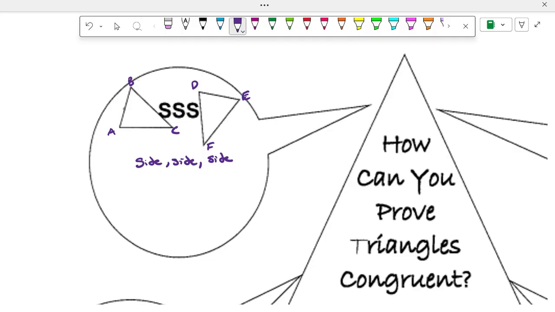All right, and then AB was congruent to DE, BC was congruent to EF, and AC was congruent to DF. Since all the corresponding pairs, or in other words, the sides that look like they could be the same sides, are congruent to each other, then we can say that triangle ABC is congruent to triangle DEF.